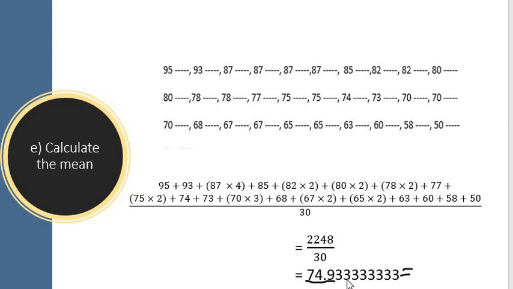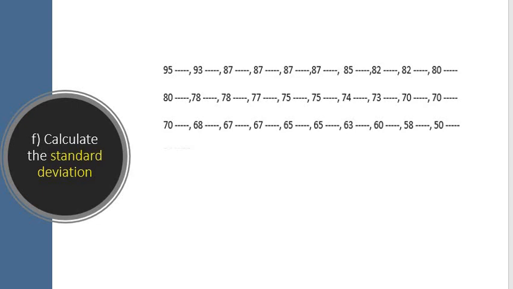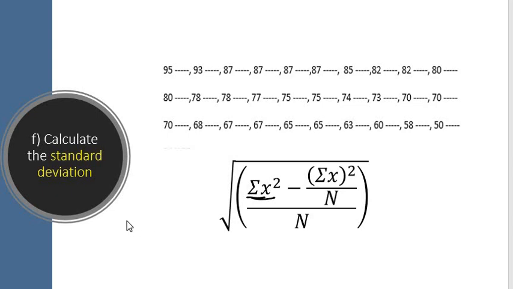So we want to write at least up to 4 decimal places or so. Let's go through and calculate the standard deviation. The formula for that is, well, we have this lowercase sigma symbol. Some people prefer to just write SD, and this is the formula. So we find the square of the scores, and then we find the summation of the square of the scores.